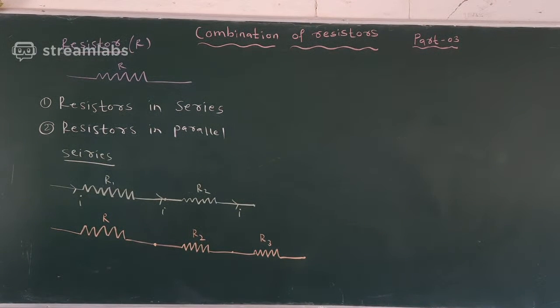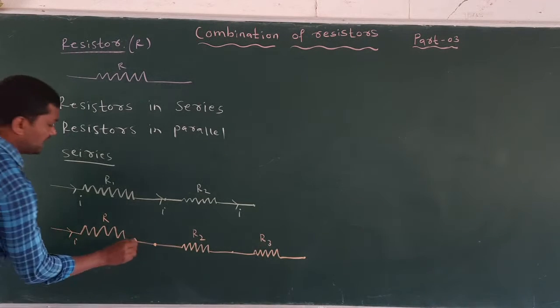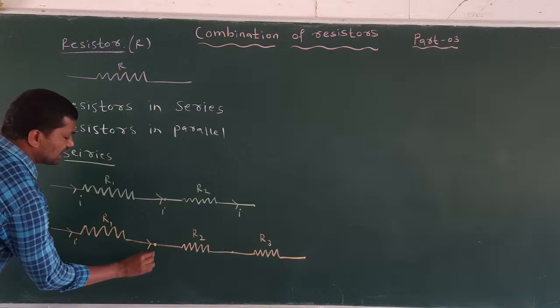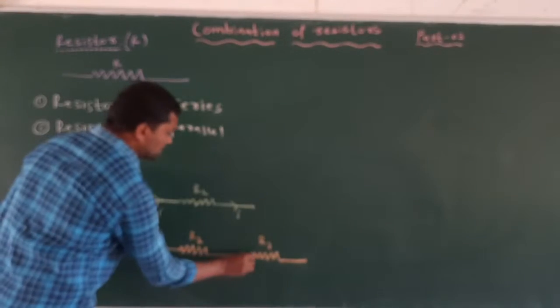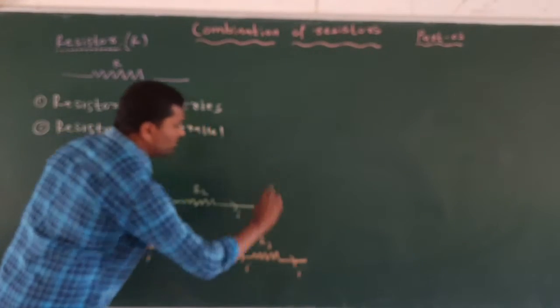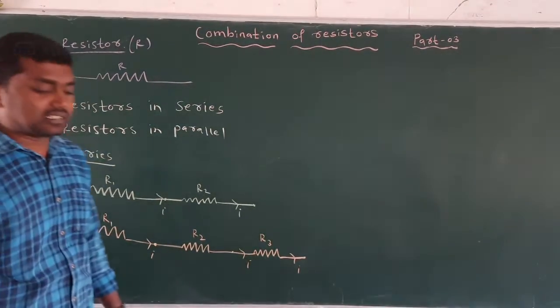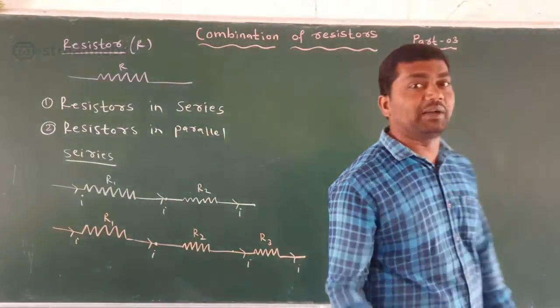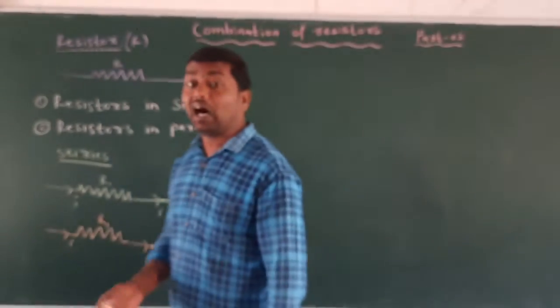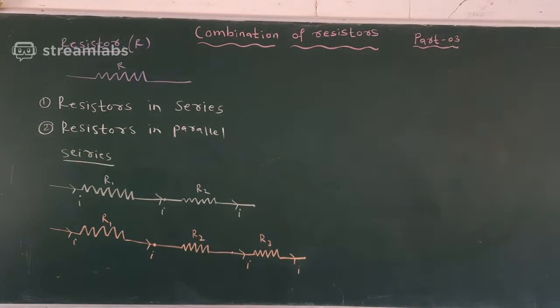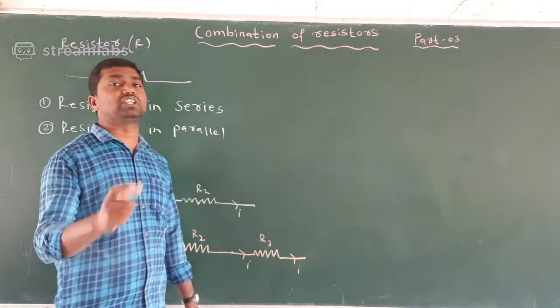The electric current passing through the R1 resistor is I, through R2 is also I, and through R3 is also I. So when resistors are connected in series, the electric current through all the resistors, R1, R2, R3, is the same, but the potential difference is different.